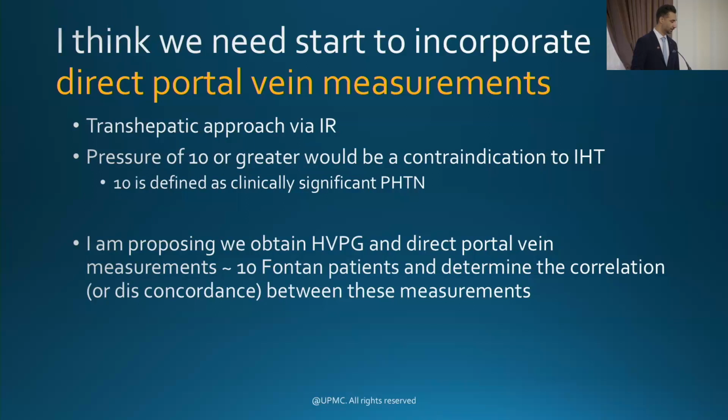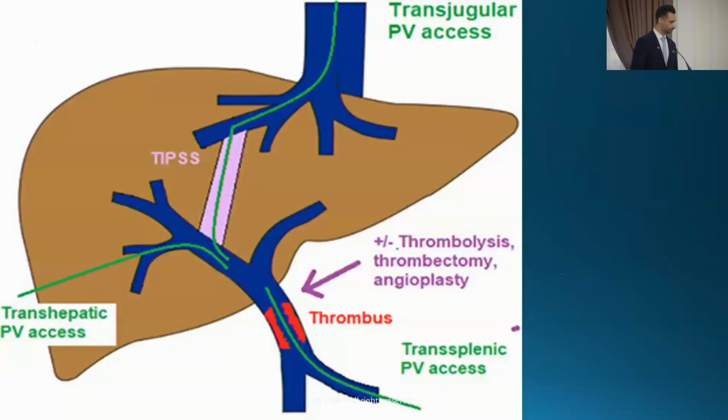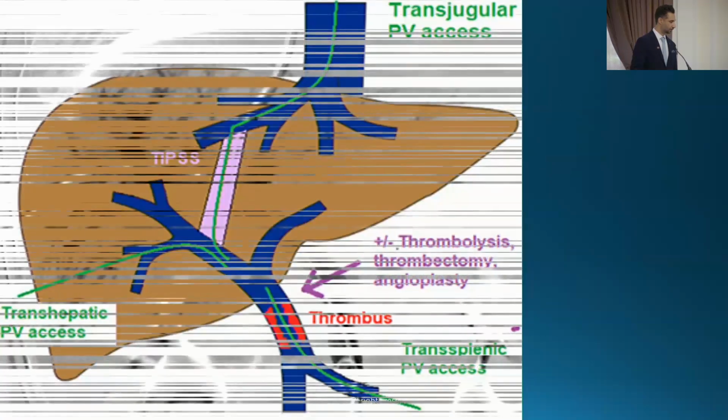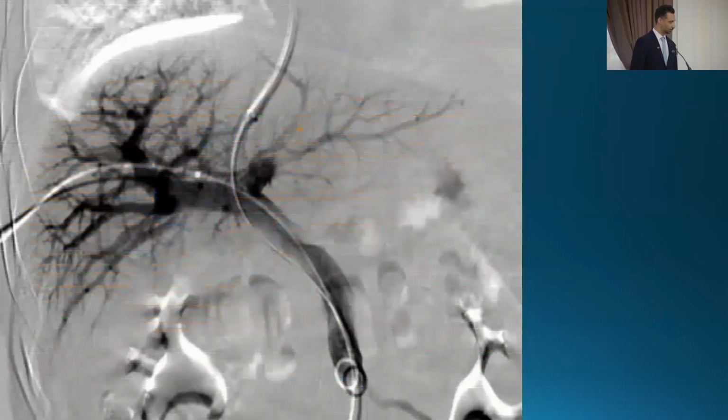This needs to be studied, obviously. I'm proposing we obtain HVPGs and direct portal vein measurements in about 10 Fontan patients and determine the correlation or discordance between these measurements.